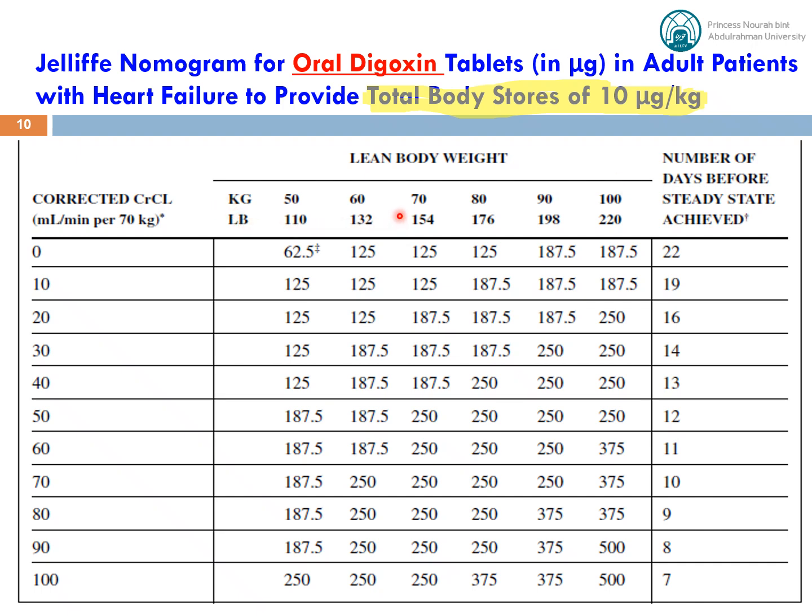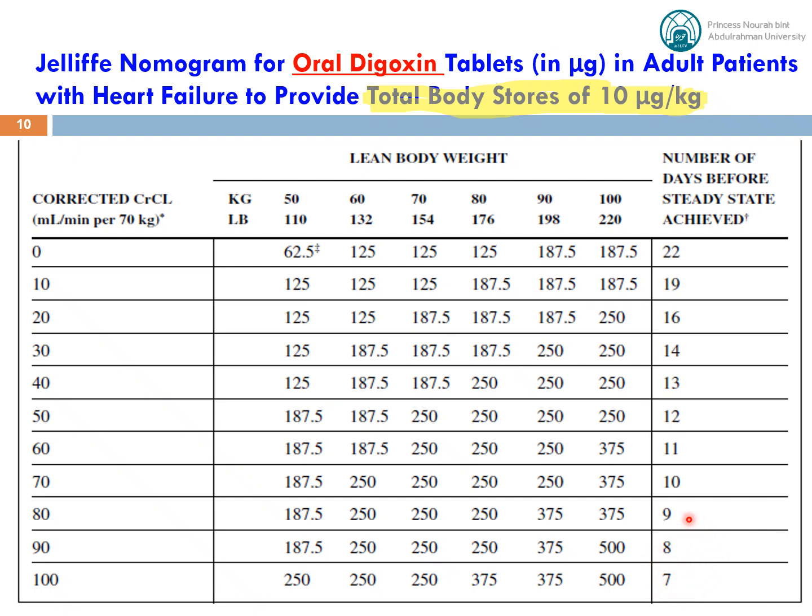Here is the body weight in kilogram value and the equivalent pound values, and here is the number of days before steady state could be achieved. Remember that we have talked that digoxin does have a long elimination half-life, which is 48 hours or 2 days, and usually steady state is achieved after five elimination half-lives.